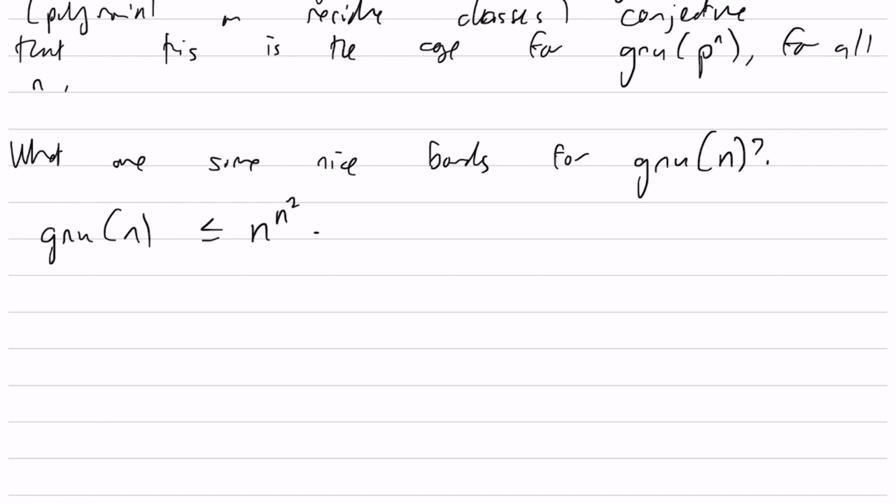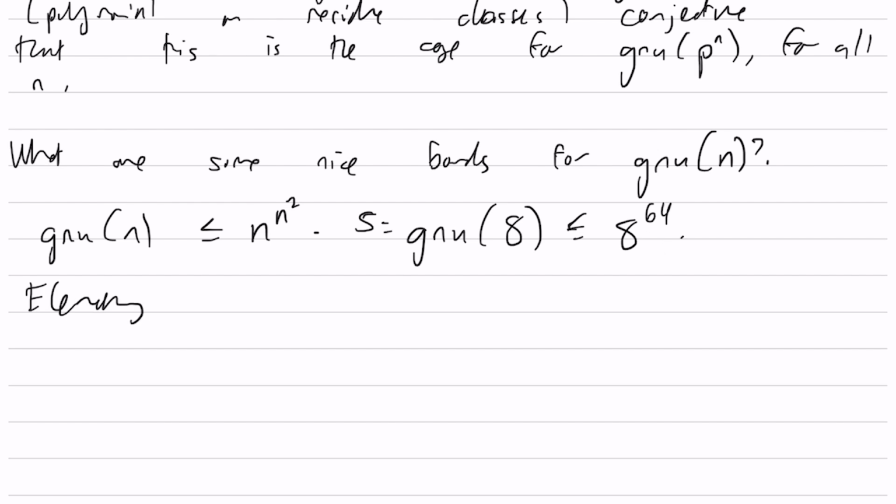So this must be an upper bound. This is quite a bad upper bound. For example, it gives us GNU(8) is less than or equal to 8 to the 64, which is indeed true, but it's just 5, so that's not a very good bound.